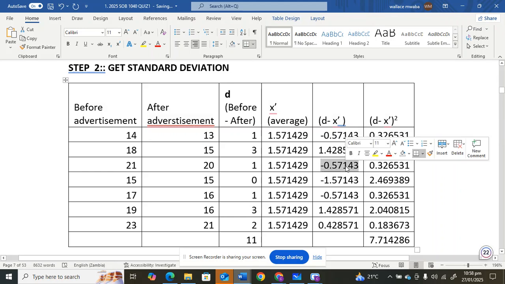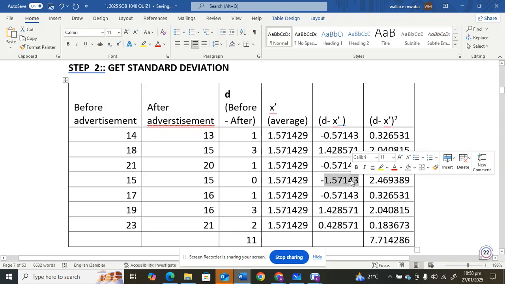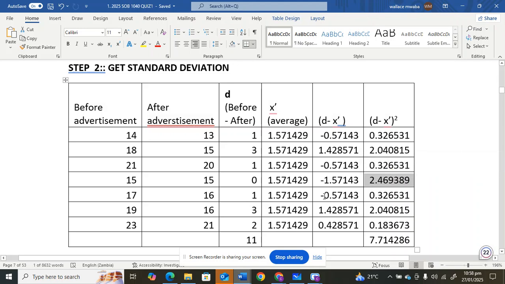Negative 0.57 squared will give you this. Negative 1.57 squared will give you this. And so on and so forth. Any questions?